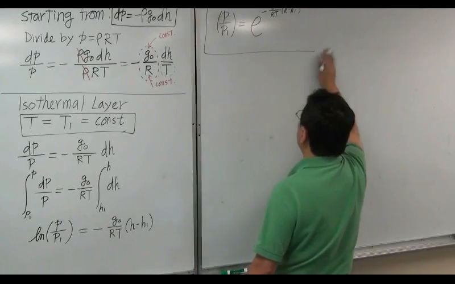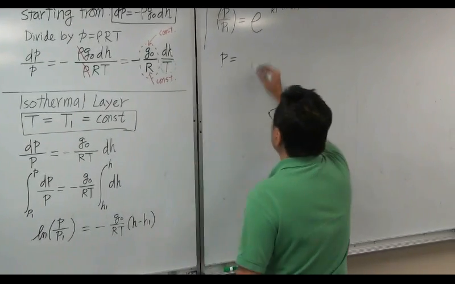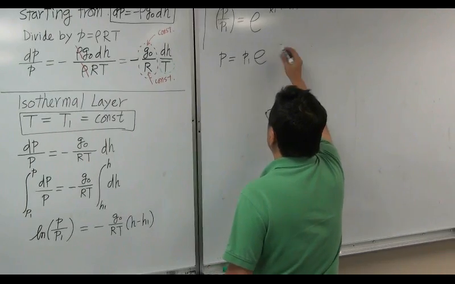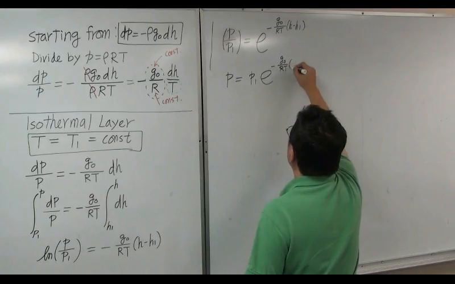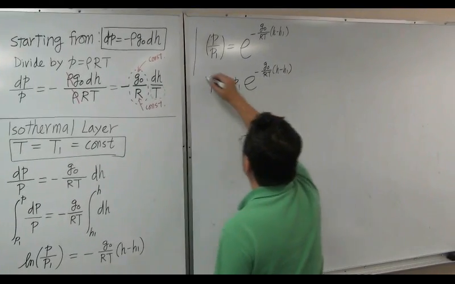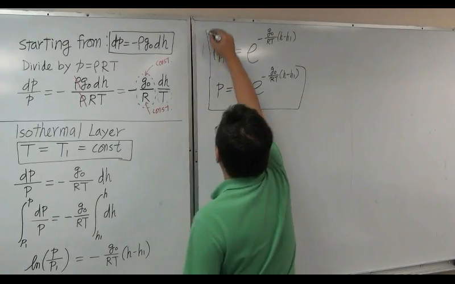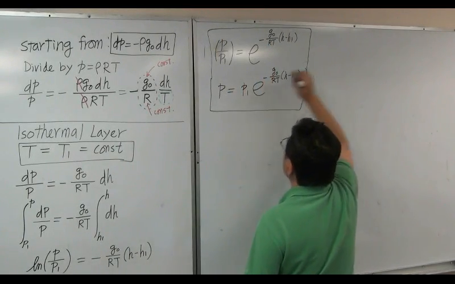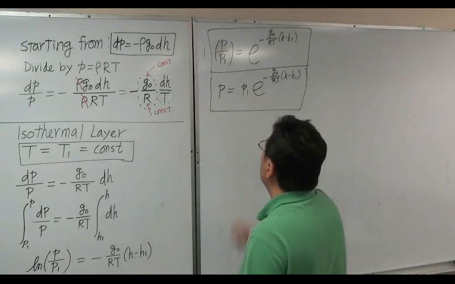That's it. So that means P is equal to P1 multiplied by the exponential of minus g0 over RT times h minus h1. So that is the equation of the pressure relationship between P and P1.